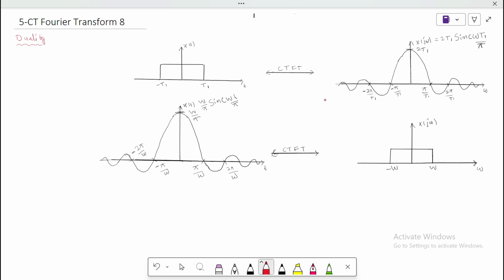What is duality? For the sinc and rectangular, the rectangular's Fourier transform is the sinc, and the sinc's Fourier transform is the rectangular. So this is called the duality property.